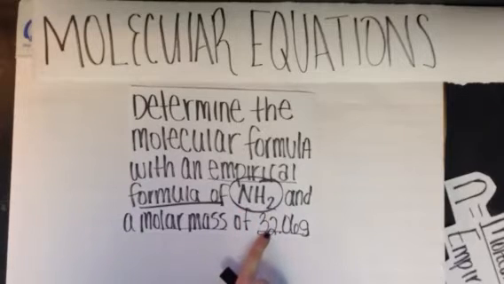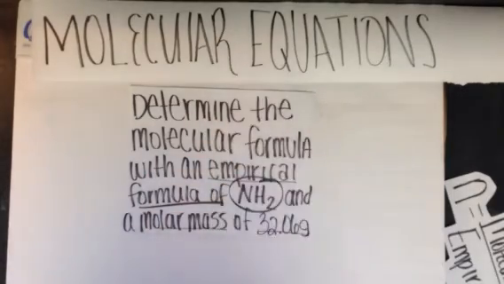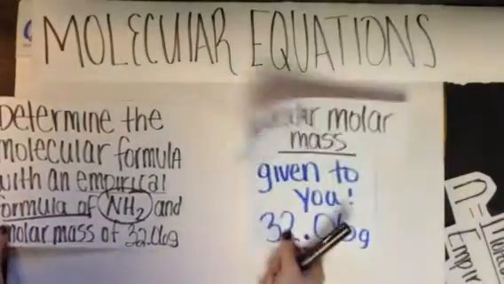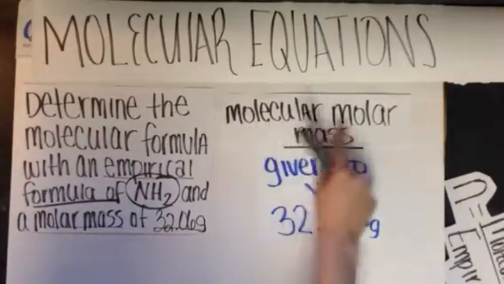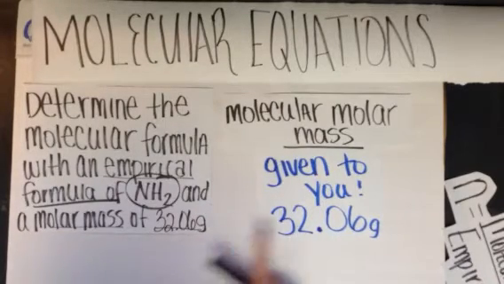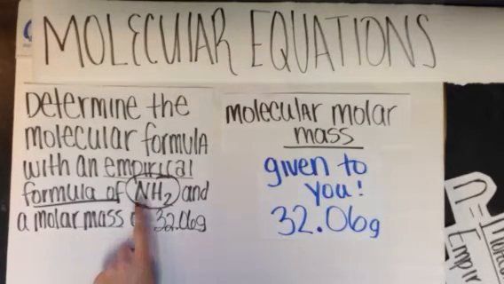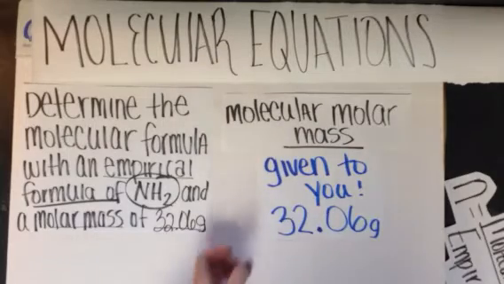This is the molar mass of the molecular compound that I'm trying to find. So, just so you could see, the molecular mass was given to you. It's 32.06. The empirical's molar mass is not given to you, but you are given the formula. So can you find the molar mass of the empirical formula? Sure.